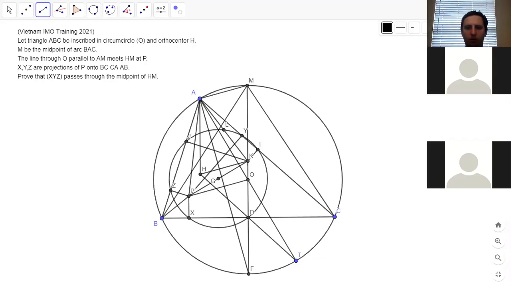Equals AO over OP. And angles are the same because OP is parallel to HK. And okay, so that would mean the two are similar, right? AHK.